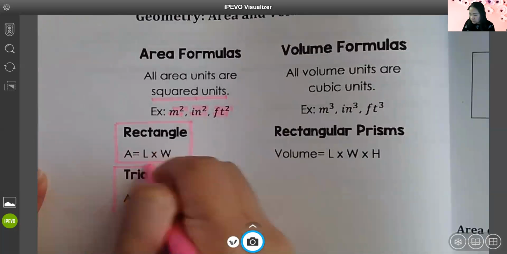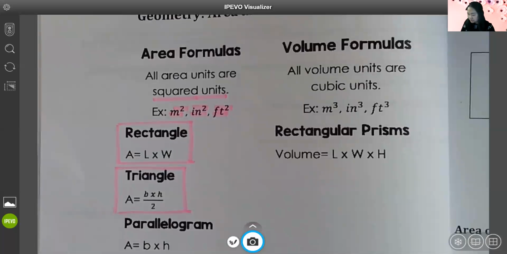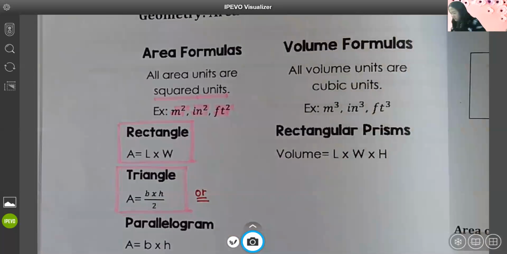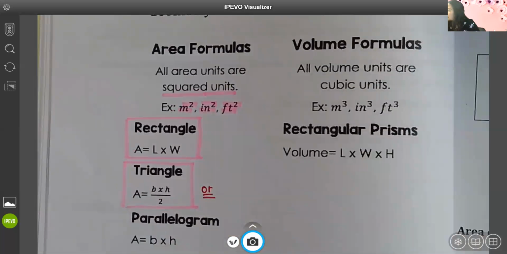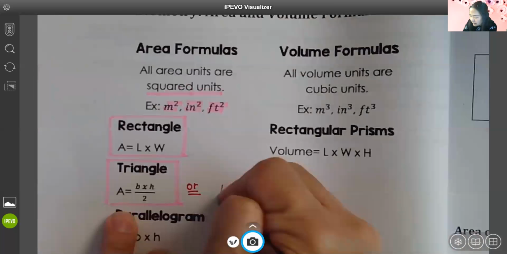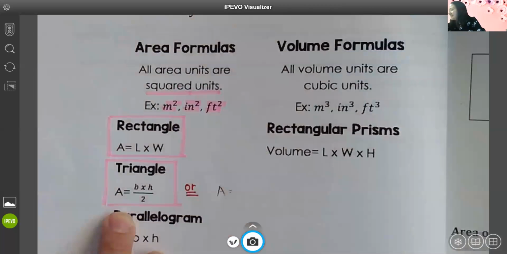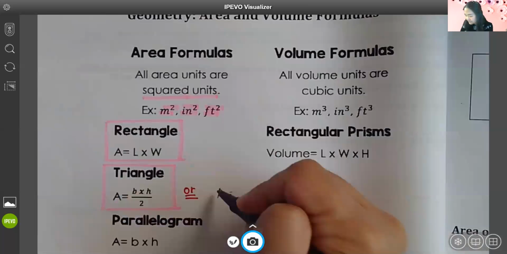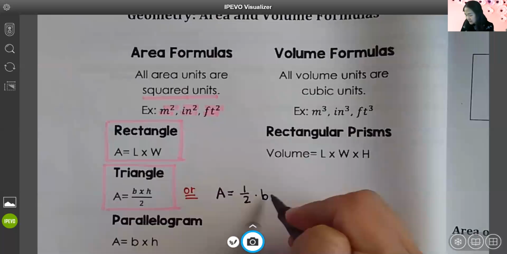Area of a triangle is base times height divided by 2, or area is half times base times height.